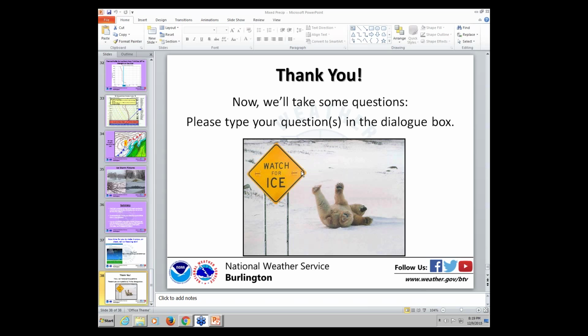I'll take one last question. What is hail then? We didn't go into hail because this specifically mentioned winter precipitation, mixed precipitation. Hail occurs from thunderstorms that have an updraft. So hail starts off as usually water or ice in a cloud.